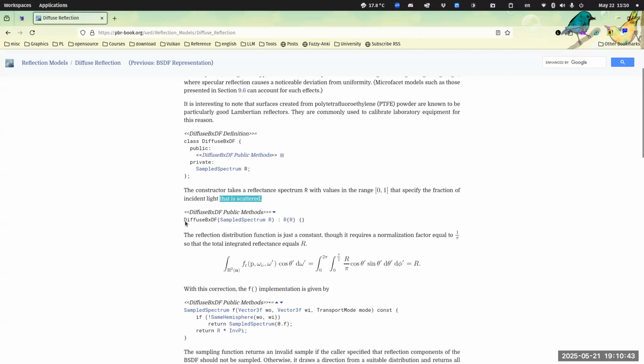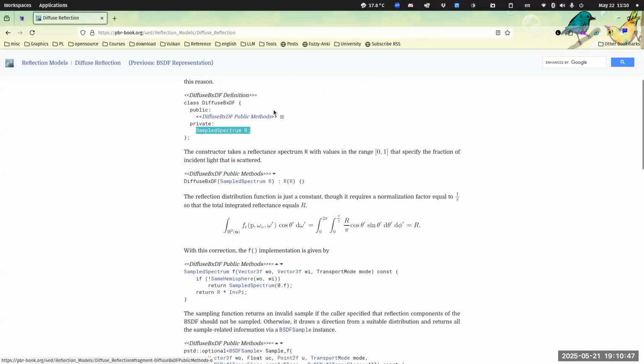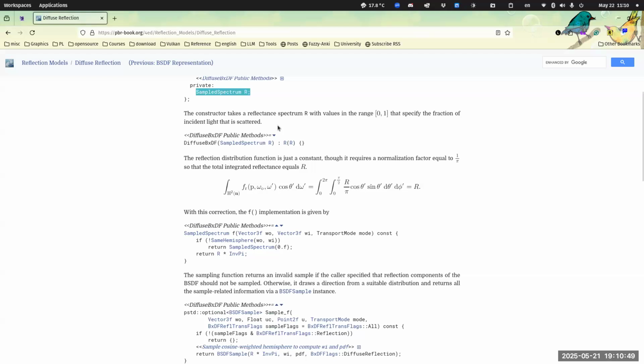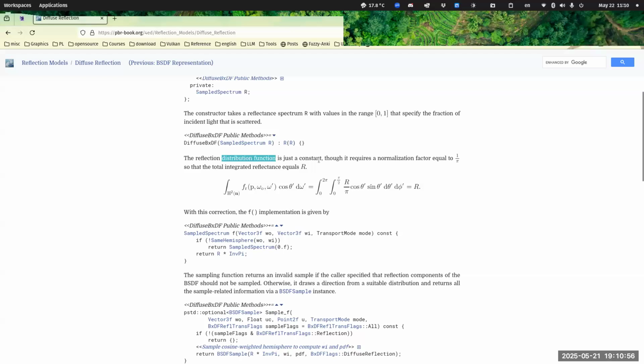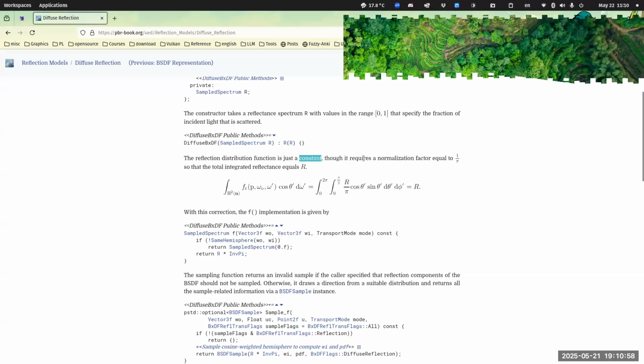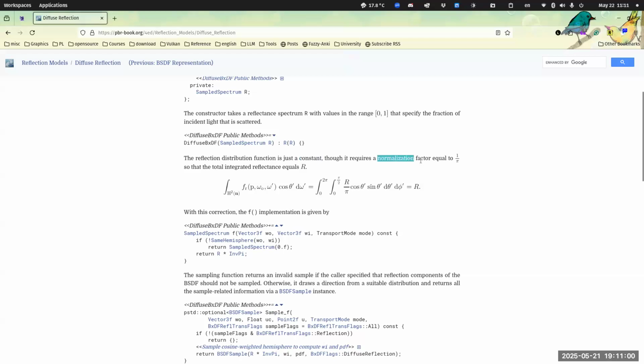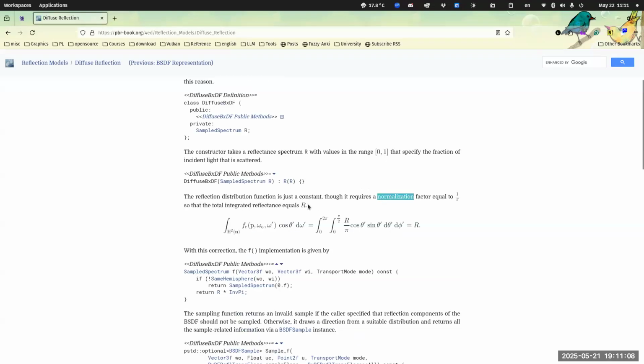And it just gets stored. And the PDF is just a constant. It requires a normalization factor equal to 1 over pi, so that the total integrated reflectance equals R.